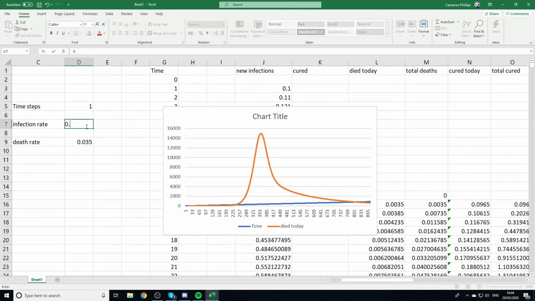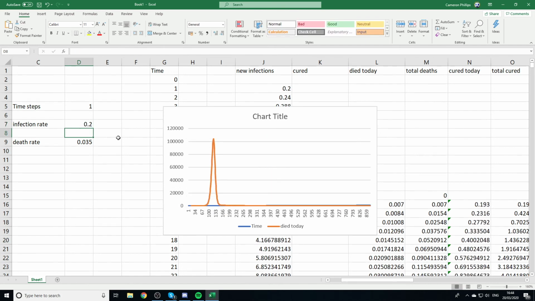If we keep it at 0.2, so you infect twice as many people, the NHS has to deal with 100,000 people a day at its peak. Now, I'm not a medic, but I know that in Italy the doctors haven't been able to save lives because they haven't had the resources to do so. 100,000 people dying of this a day means that there are not enough incubators, not enough doctors, not enough nurses.